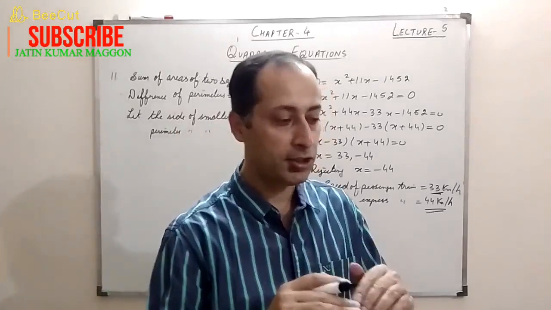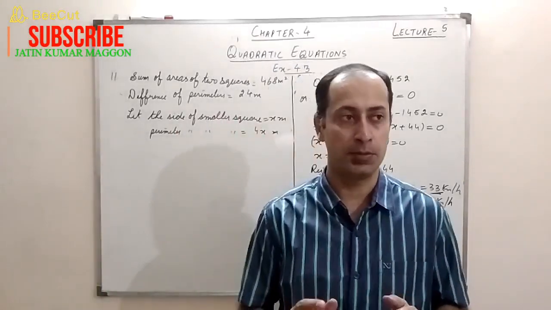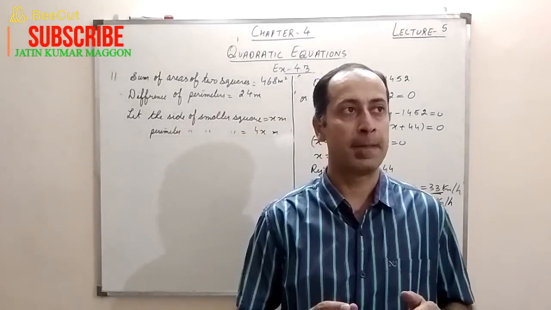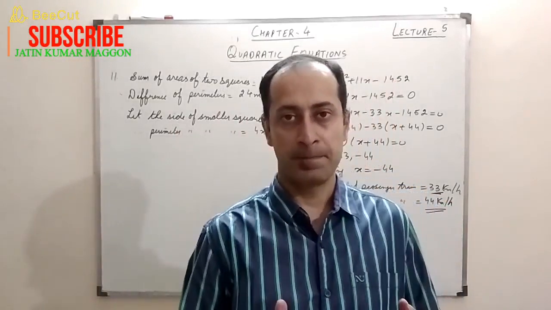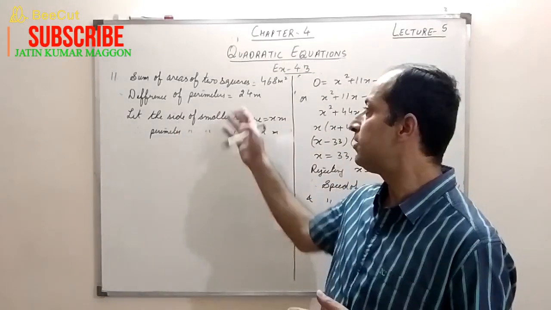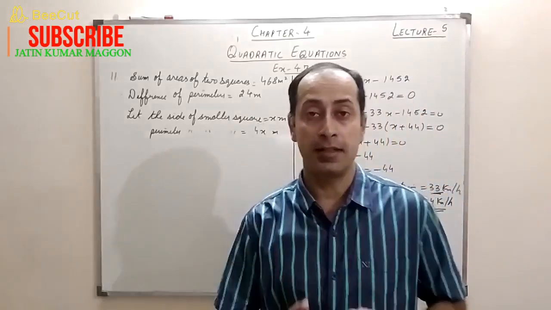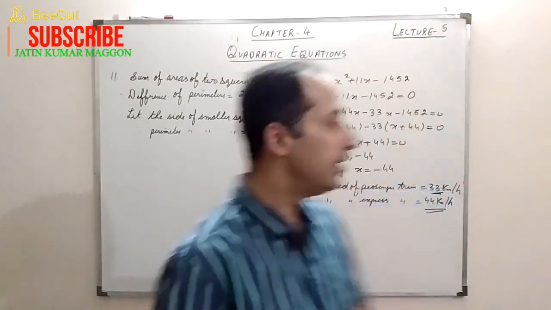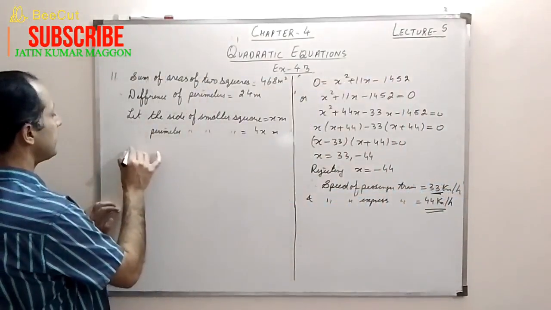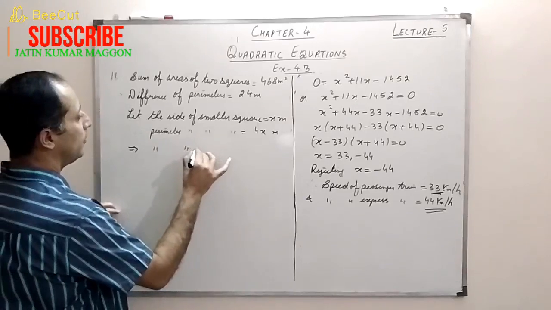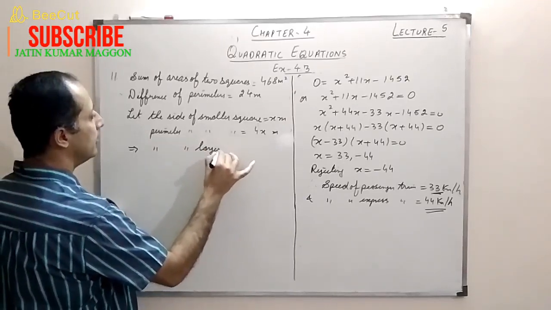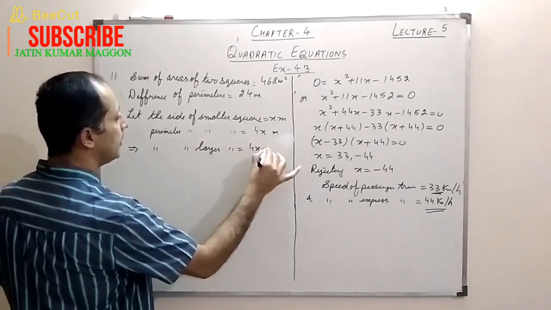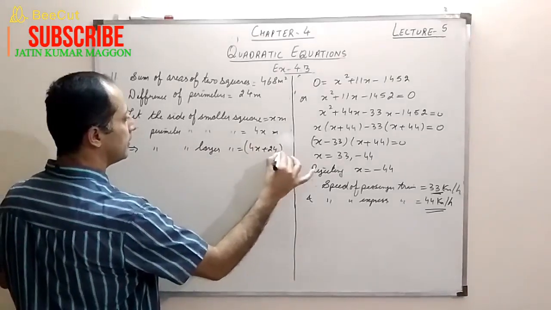See, suppose the smaller square has a perimeter of 36, and the difference is 24. It means the larger one would have 36 plus 24, that is 60. So the perimeter of the larger square will be 4x plus 24 meters.